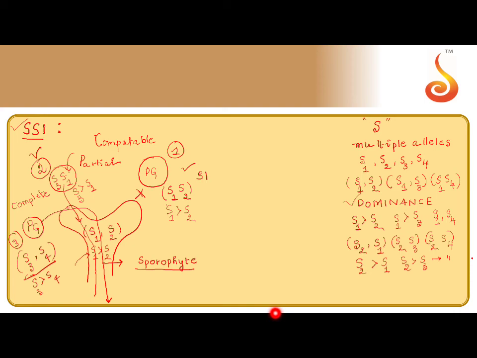If it did not come across pollen grains like the third pollen grain in my example, then it may completely germinate and fertilize, but there is a strict no with the first pollen grain because both of the dominant alleles are the same. It belongs to the same genetic composition.